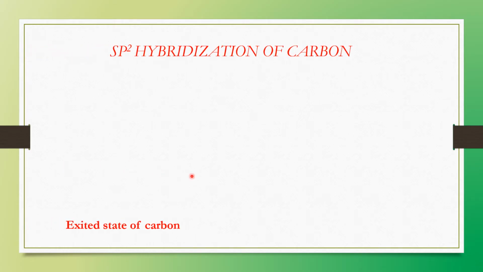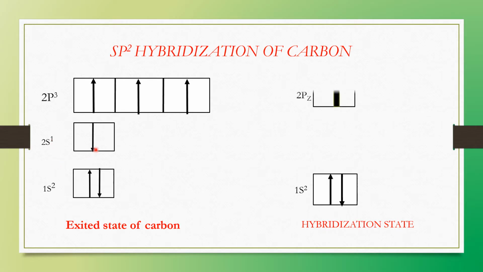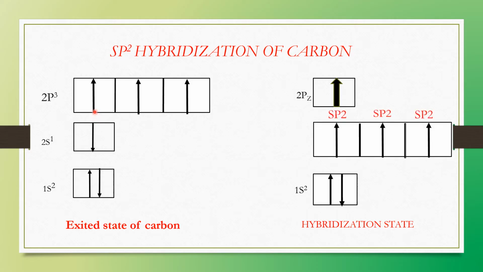Let us consider sp2 hybridization of carbon. See, the excited state of carbon is 1s2, 2s1 and 2p3. Now, one s orbital and two p orbitals, that is 2px and 2py, intermix to give three identical sp2 hybrid orbitals, which is known as sp2 hybridization.